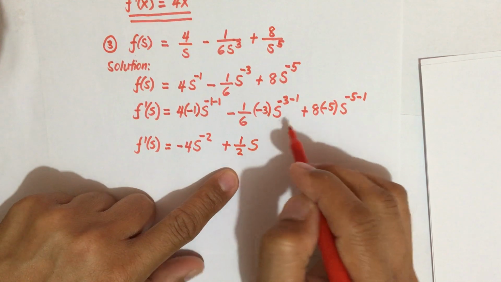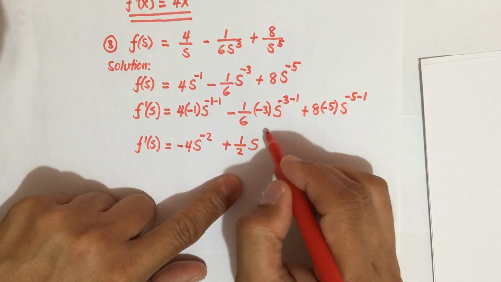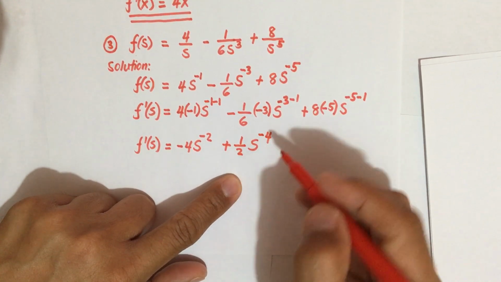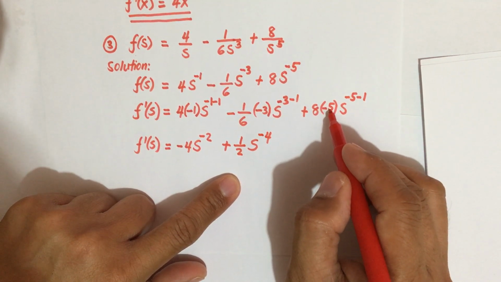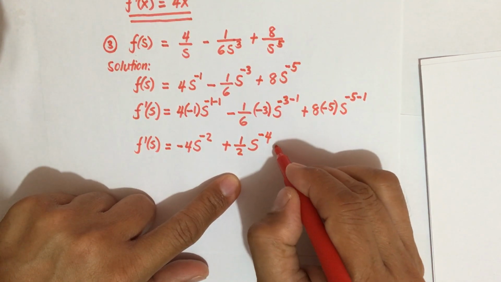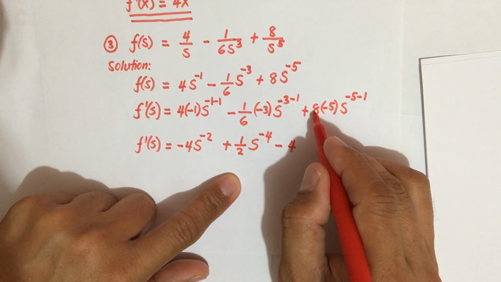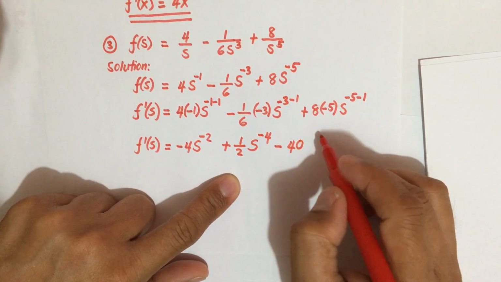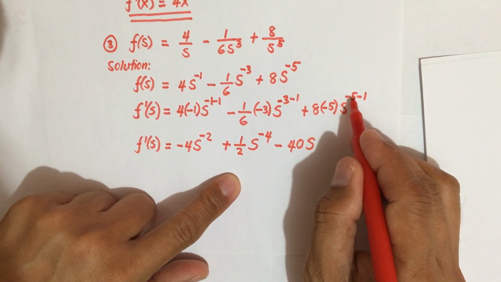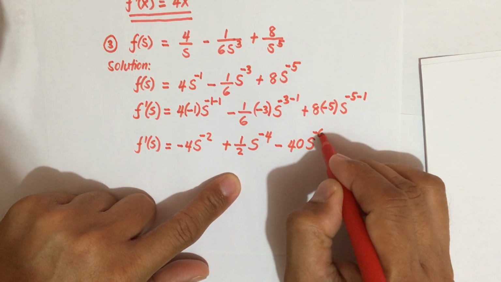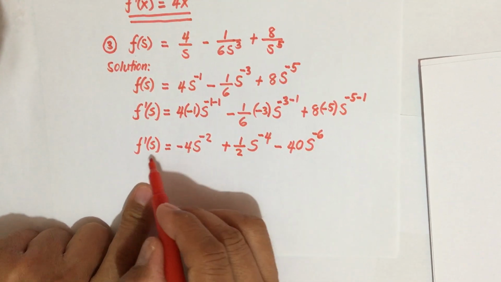Then s to the power minus 3 minus 1, so this would be minus 4. Then we have positive 8 times negative 5, so this would be minus 5 times 8, or 8 times 5, that is 40. Then s, and the power would be minus 5 minus 1, so this is minus 6. Okay, so this is our answer for this problem.